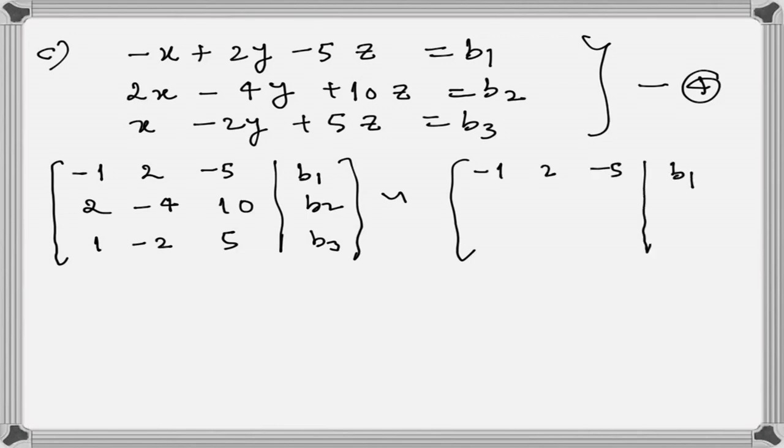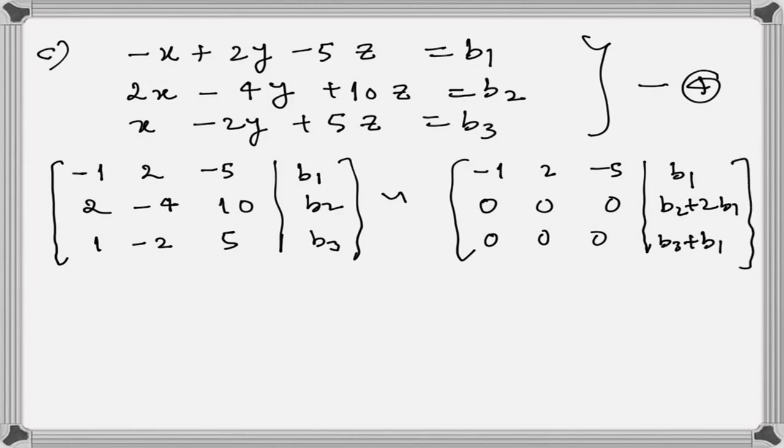We apply r2 goes to r2 plus 2r1, we get 0, 0, 0, and then r3 plus r1 we get 0, 0, 0, and here b2 plus 2b1 and b3 plus b1.